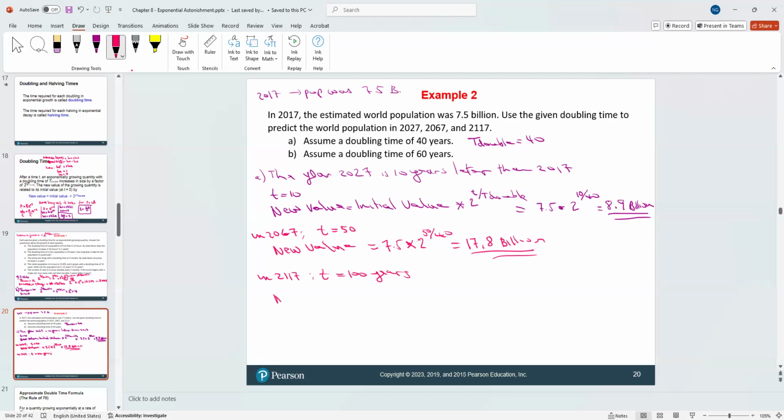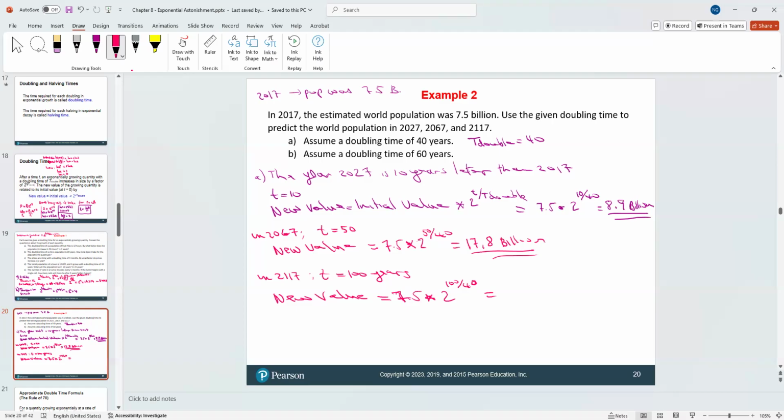So the new value using the same formula would be 7.5 times 2 power 100 over 40. Remember, we're still using the same doubling time of 40. Every 40 years the population doubles, so that's why we're using this factor.